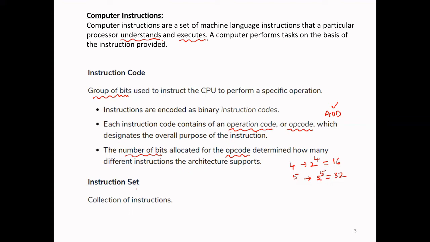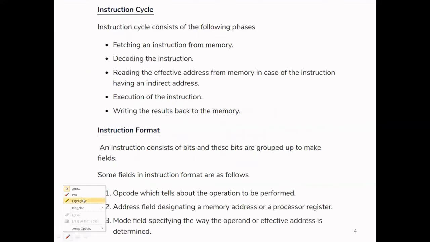Now, what is an instruction set? The collection of all these instructions is nothing but the instruction set. Any CPU comes along with an instruction set, telling that the CPU can execute these many instructions. Now, what is instruction cycle?